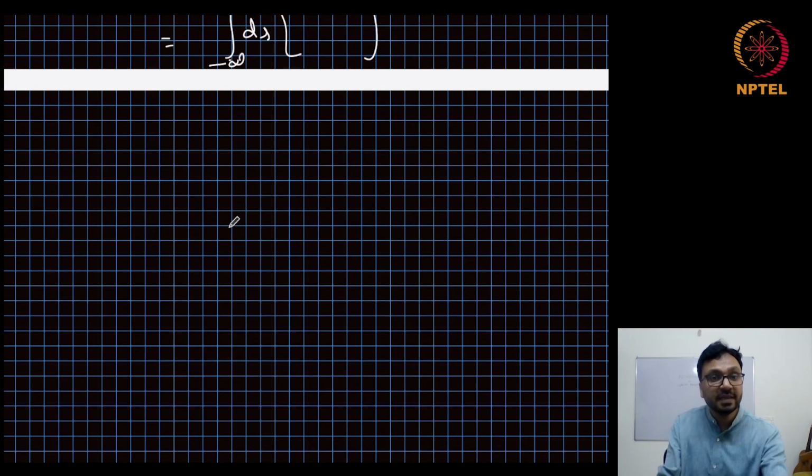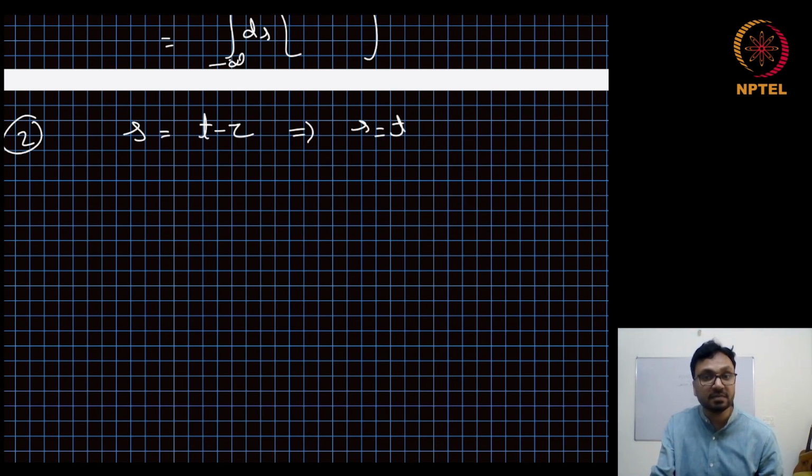The second simplification we make is that we define a parameter tau such that s is t minus tau. This implies that when s equals t, that is the upper limit of the integration, tau is 0. And when s tends to minus infinity, tau tends to infinity.